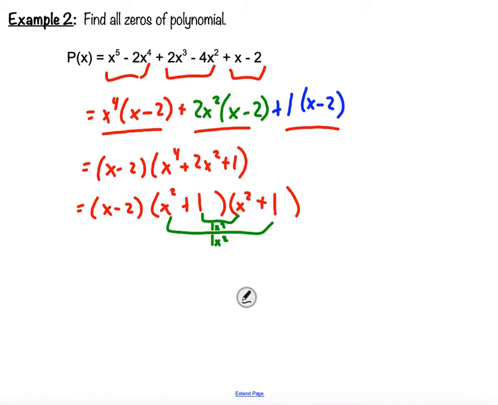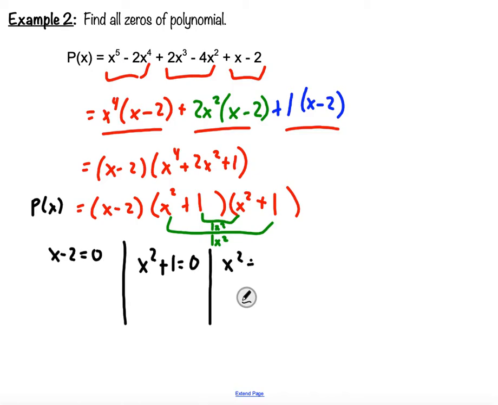All right, so let's come down here and figure out what our zeros are. We can set each one of these equal to 0, so I can say x minus 2 equals 0 and x squared plus 1 equals 0. So this one here ends up being x equals 2.